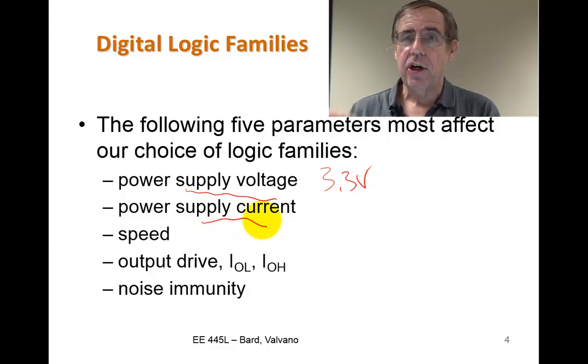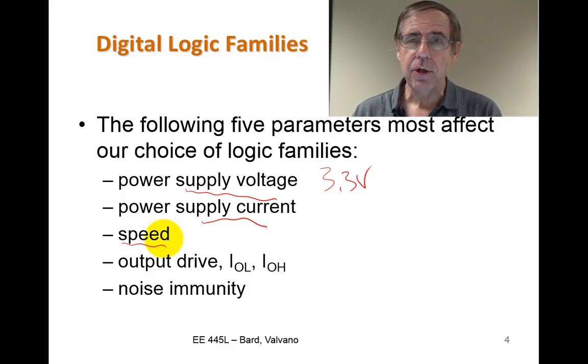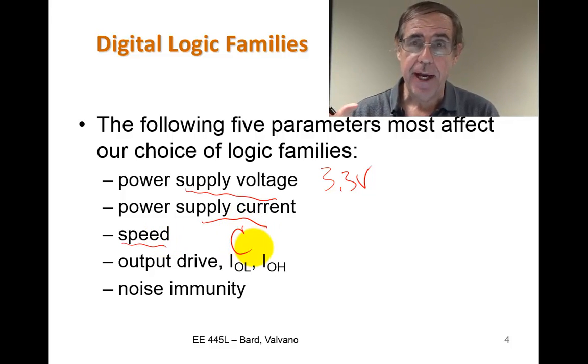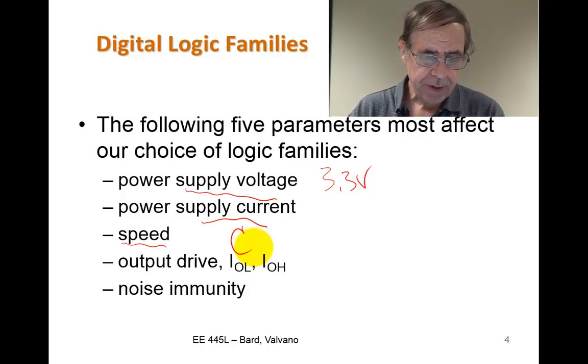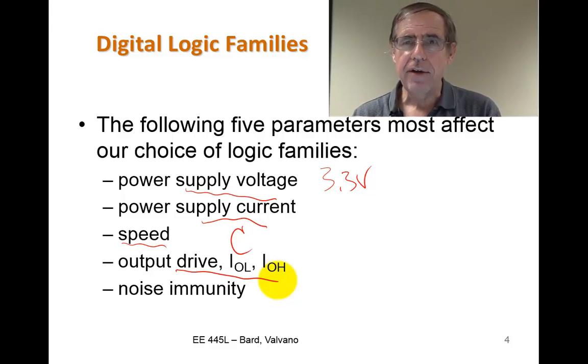The amount of current it requires to run is important, and when we want low power interfaces, we want low power devices. How fast it works is also important, and just as a heads up, the speed is going to be a function of capacitance, and we'll see this over and over again. When we decide to choose a family, we're interested in how much current it can drive at its outputs and how much current it requires at its inputs.